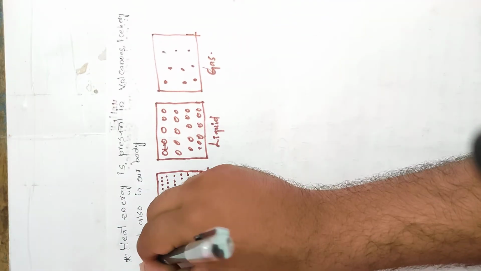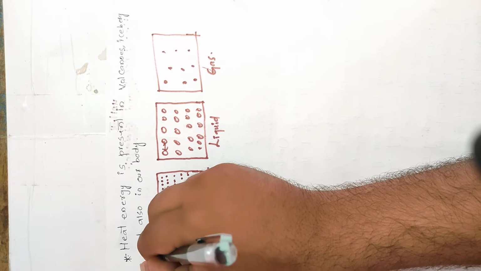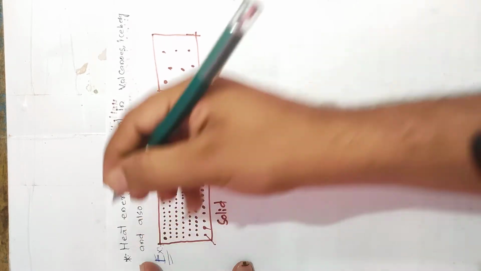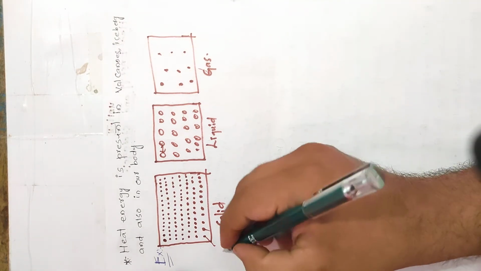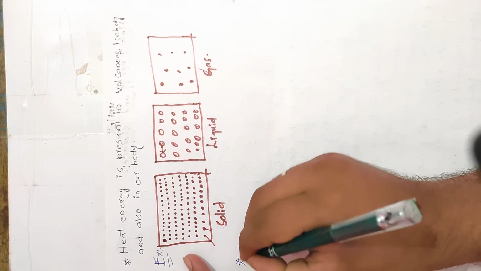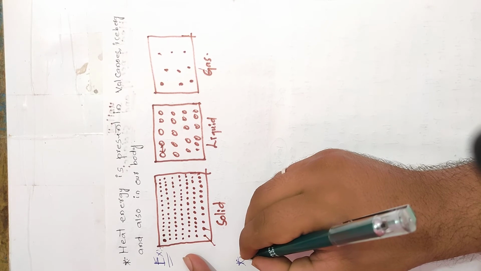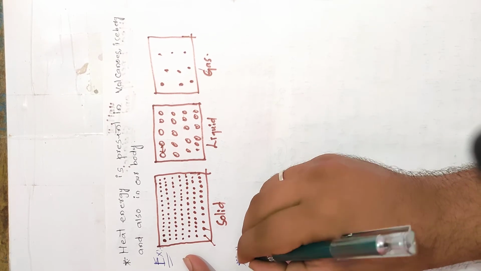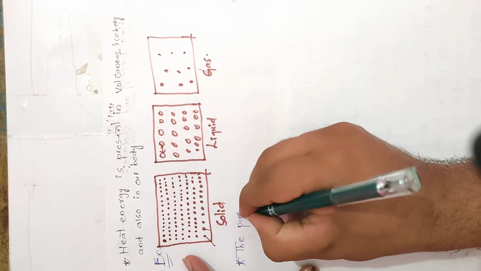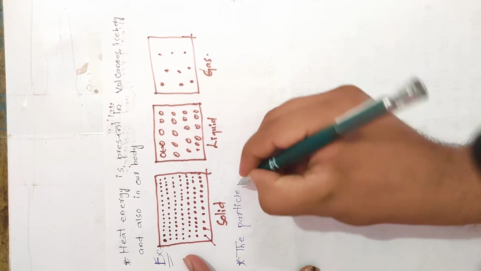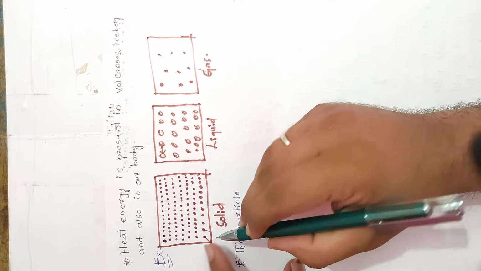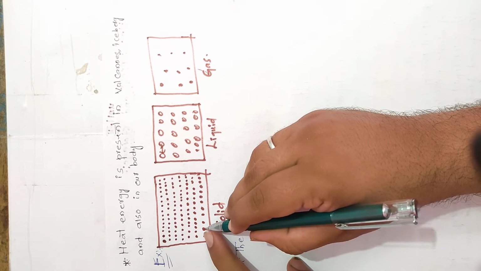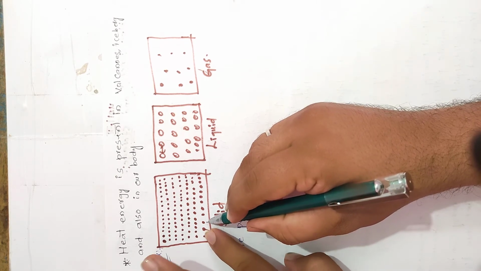That is an example of heat energy. The particles in the solid are tightly packed. One particle attracts another particle, and that particle attracts one more particle.